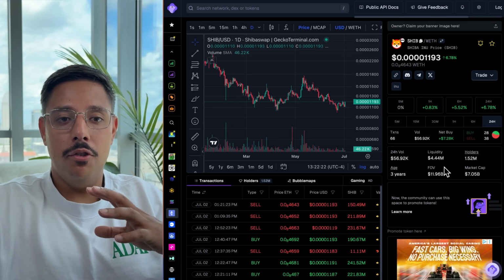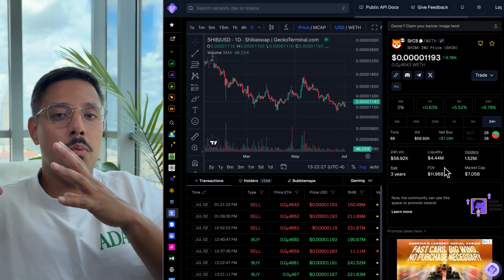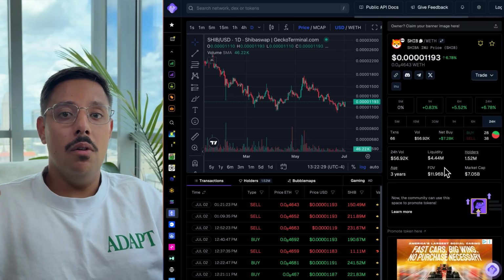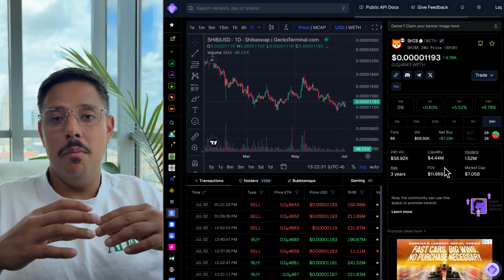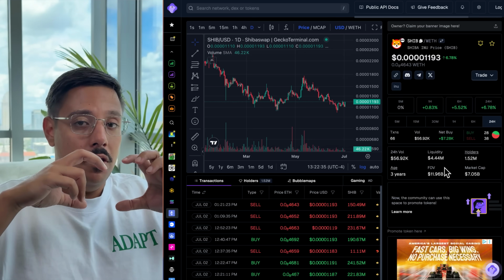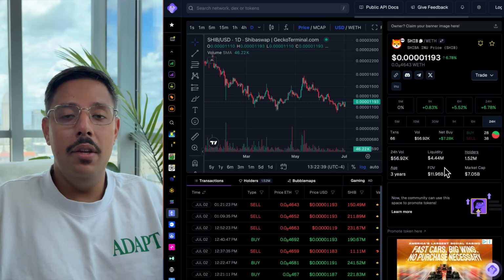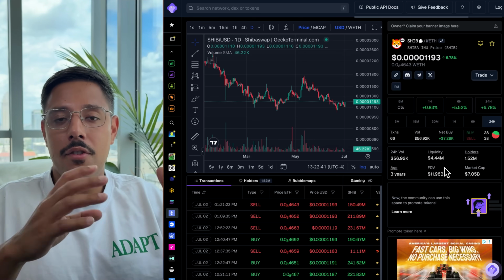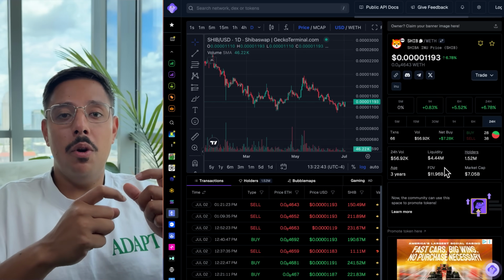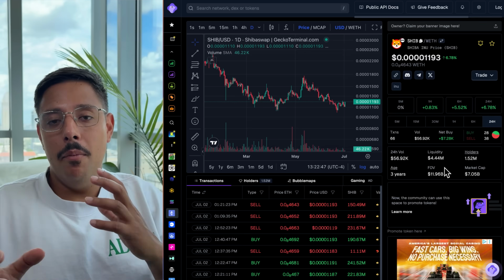I want you to imagine 2 different pools, right? One pool that's really small, and then another pool that's really big. Just imagine a whale, the same size whale. Let's say it's a mini whale, it's not that big. You take that whale, you throw it in the small pool. It's going to displace the liquidity in that pool. The water is going to go crazy, splash everywhere. If you take the same size whale and put it in the bigger pool, it's not going to displace it by that much.